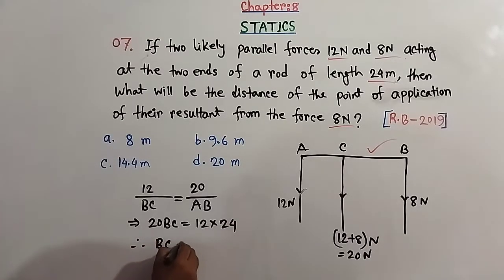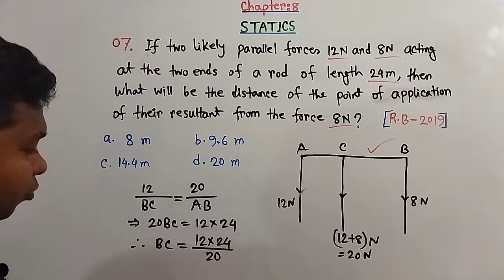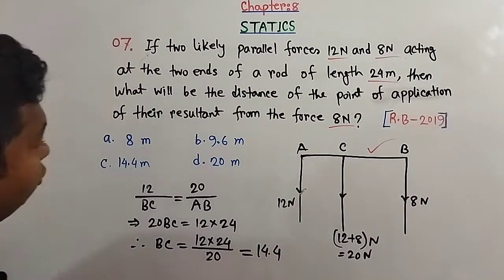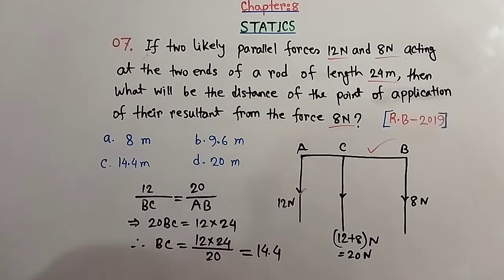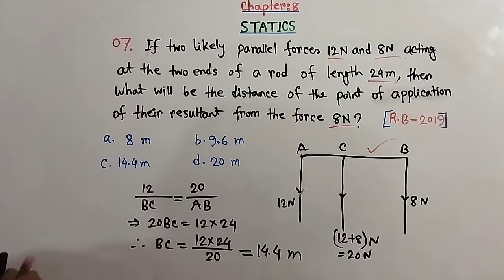Therefore BC equal to 12 into 24 divided by 20. Then by using a calculator we'll get 14.4. So the required distance is 14.4 meter, that is option C.